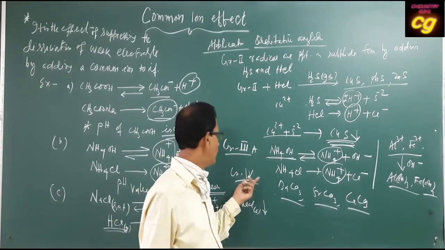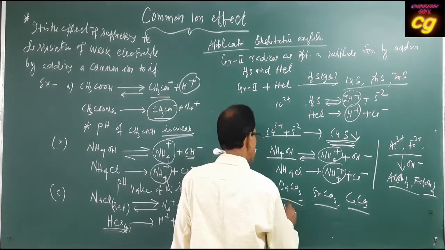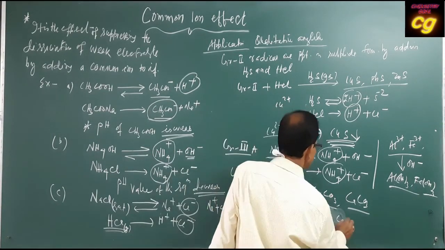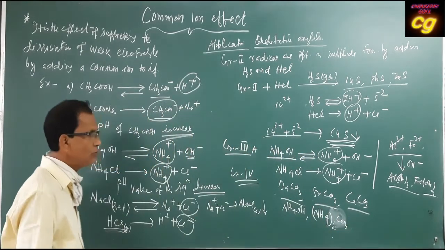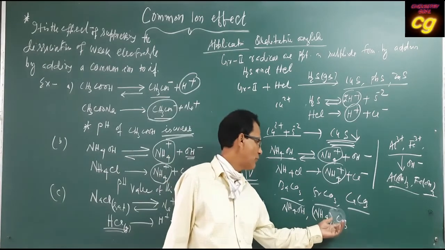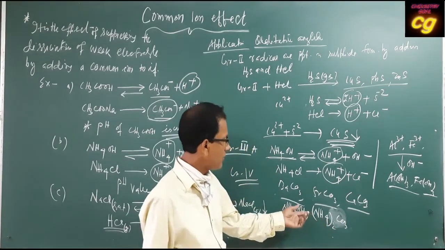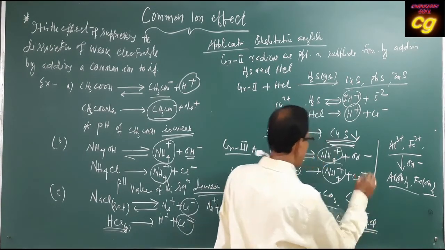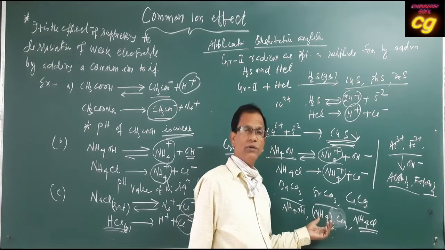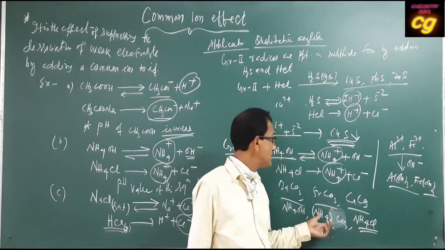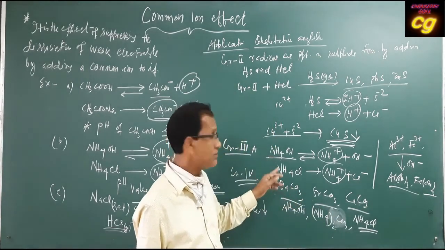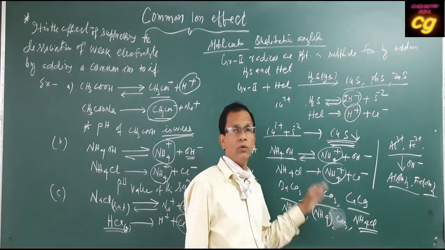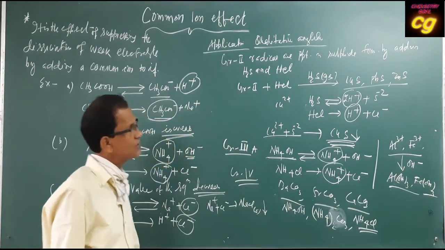That's why in group 4 we add ammonium hydroxide followed by ammonium carbonate, and also ammonium chloride. When ammonium carbonate is added, the ammonium ion concentration increases, and barium ion, strontium ion and calcium ion will be precipitated in the form of carbonate due to the common ion effect. So these are the applications of common ion effect.